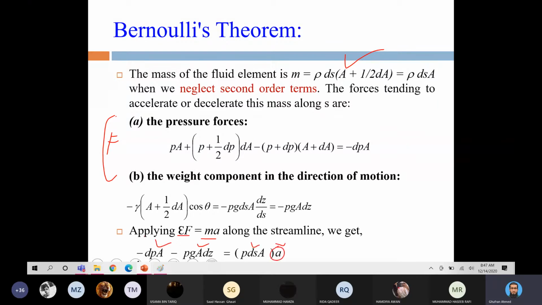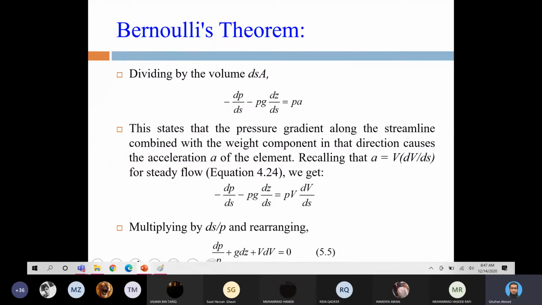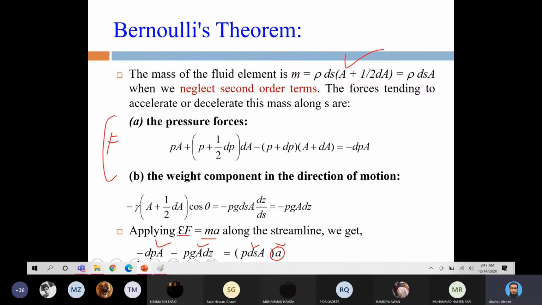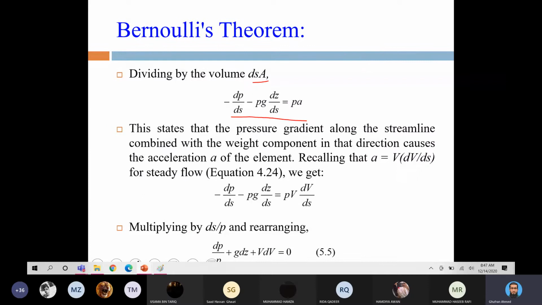At the moment we haven't derived this a. Dividing by the volume ds A, just to simplify the equation, it simplifies the previous equation. It states that the pressure gradient along the streamline combined with the weight component in that direction causes the acceleration a of that element, recalling that a is equal to V dV by ds.